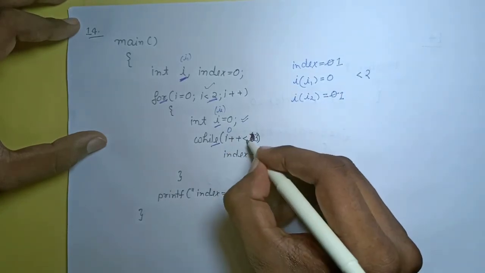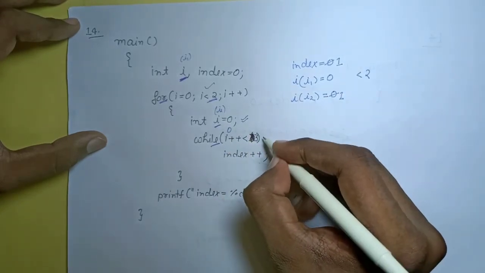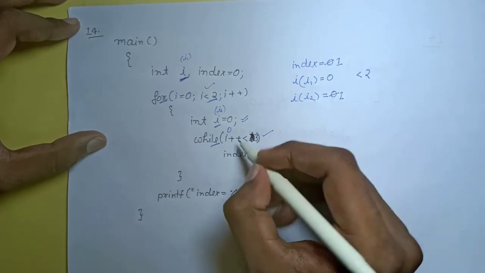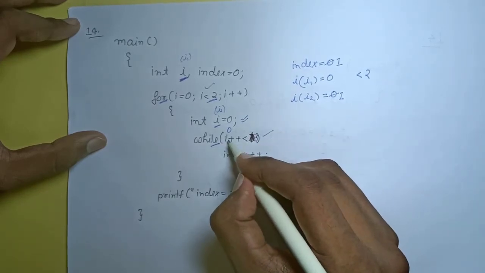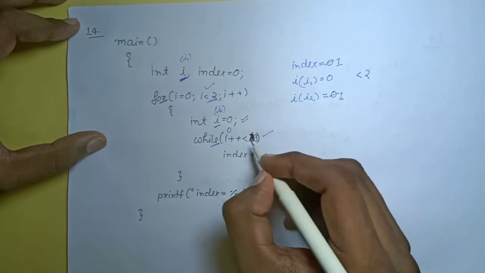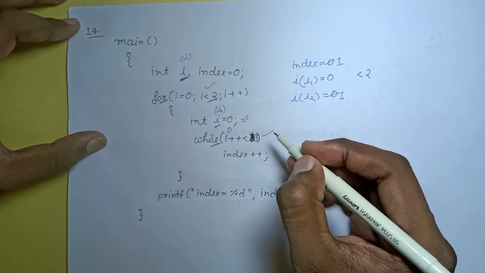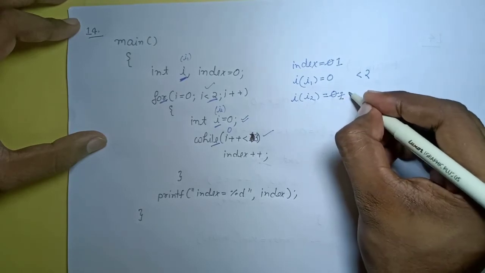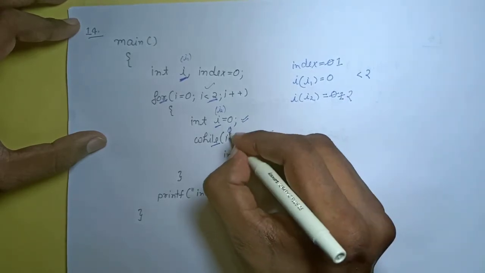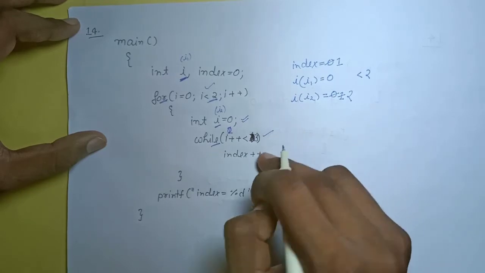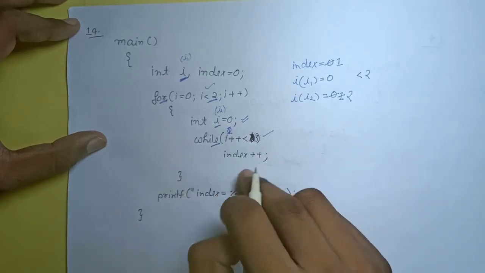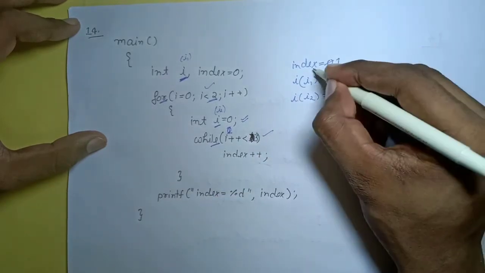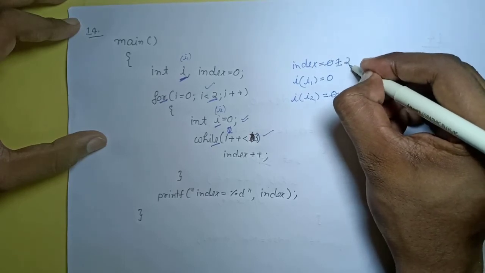The control again comes to this line, which means the value of I is now 1. 1 is less than 3, and the value of I becomes 2. We come inside the loop and the value of index is again increased by 1, so the index is now 2.